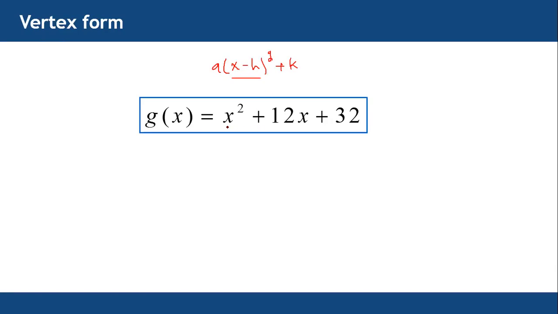The method is: first, take common from these two terms. If there is no common factor, take one. If we take one, we have x squared. Then, do you know the formula of (a minus b) or (a plus b) whole squared? Here the coefficient of x is 12, and it is plus, so it means we use the plus formula.